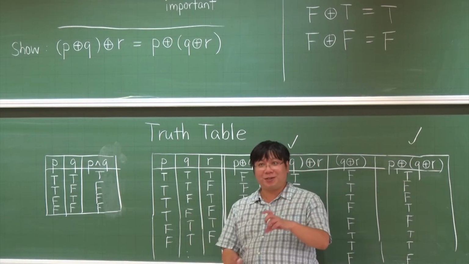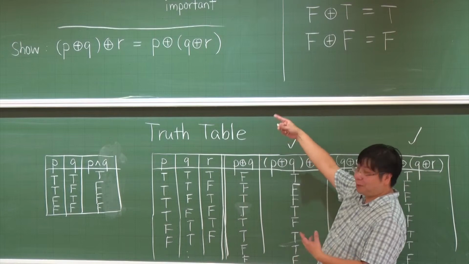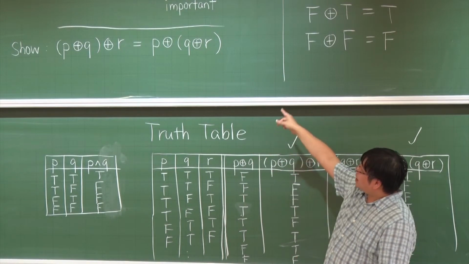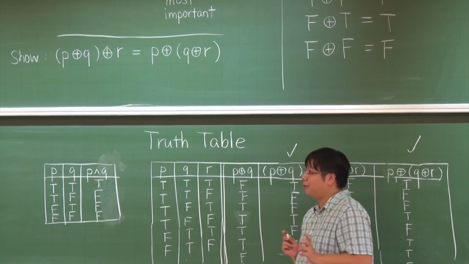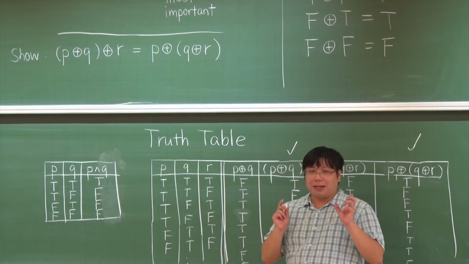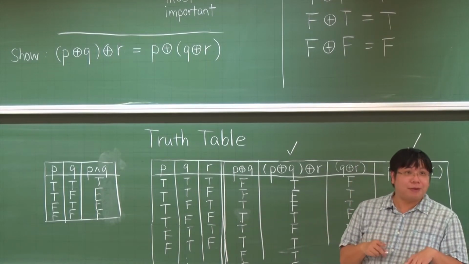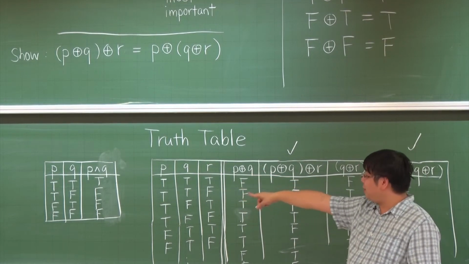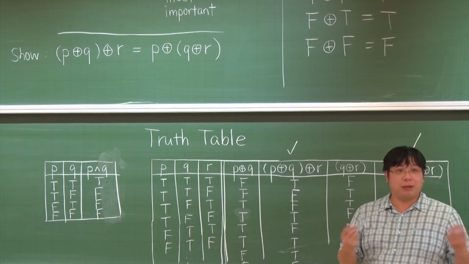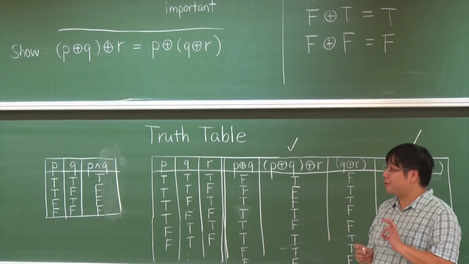Yes, because in the exam, it is often that we will ask you to prove some proposition is the same as the other one. When the problem is very small, when the number of variables on the left hand side is 2 and here is 3, then it is okay to use the truth table.